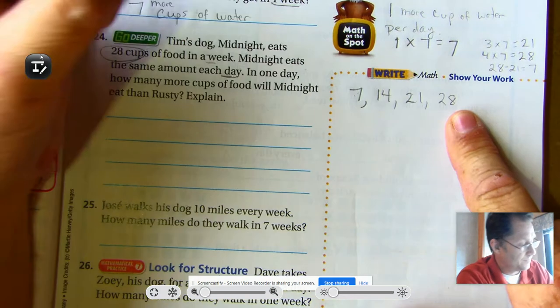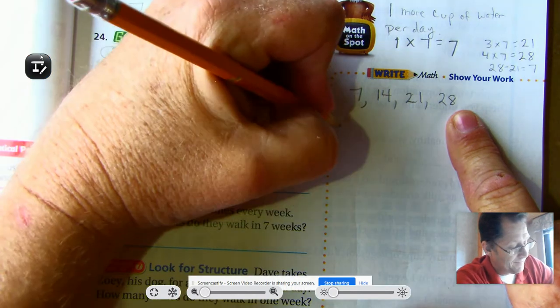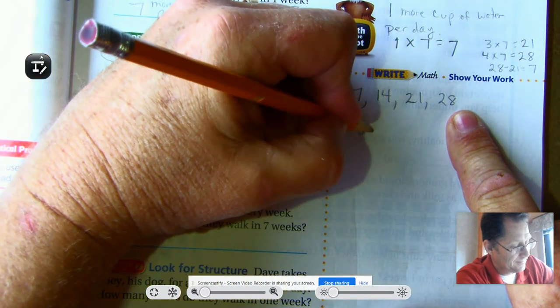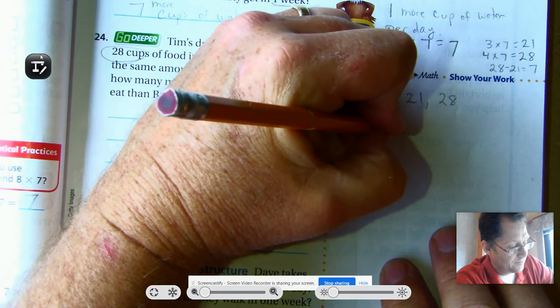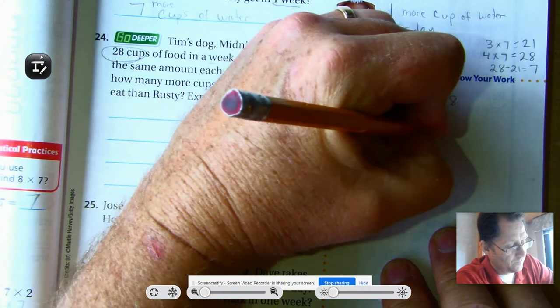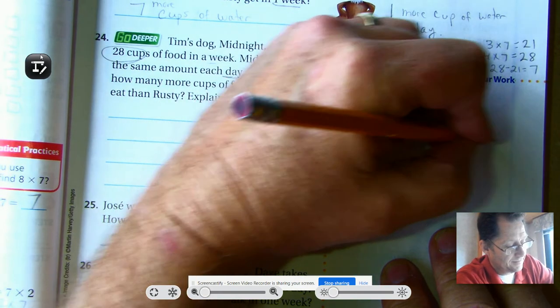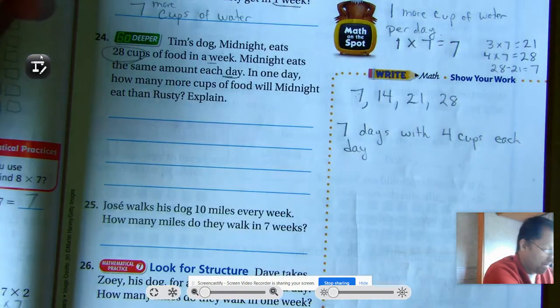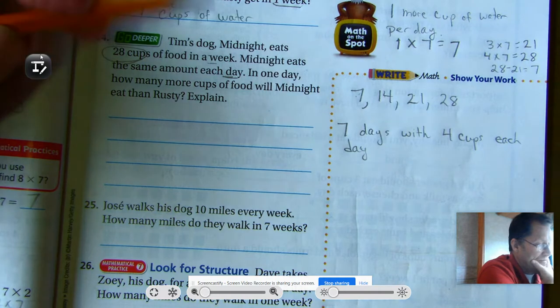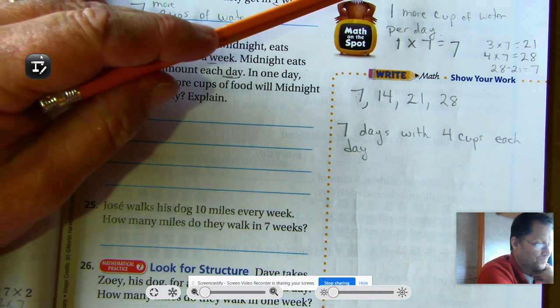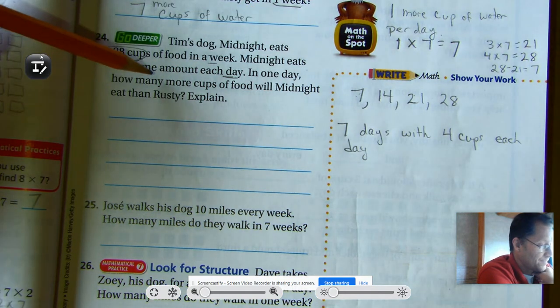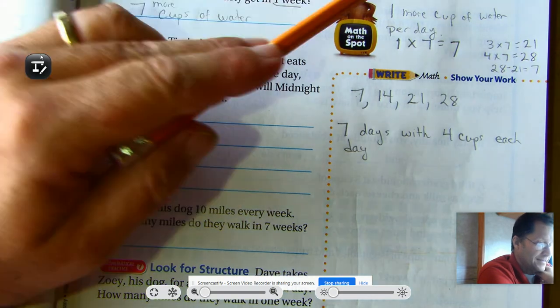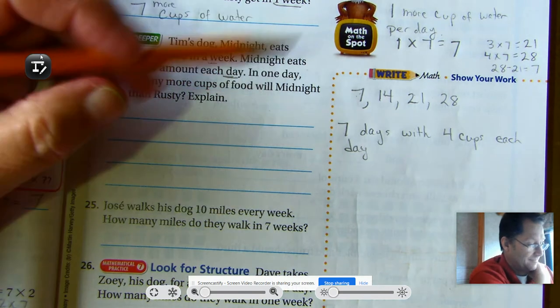So 7 days with 4 cups each day. Rusty eats 3 cups a day.